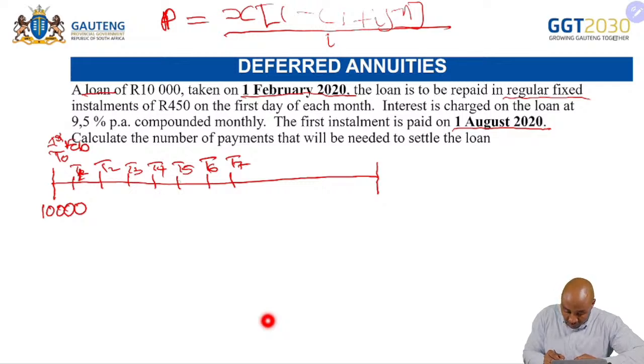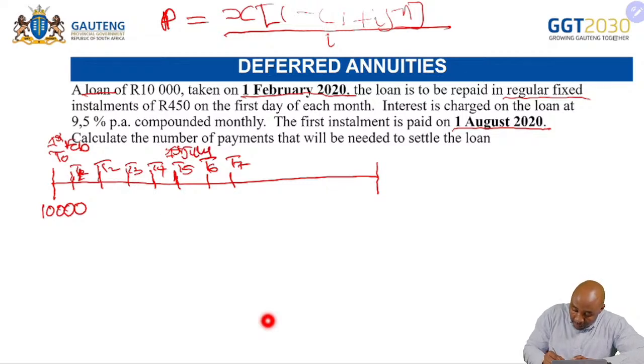1st of June, no payment is made. So the payment is made on the 1st of August. So let's check. This is February. We have March, April, May, June, July. So T5 is the 1st of July.